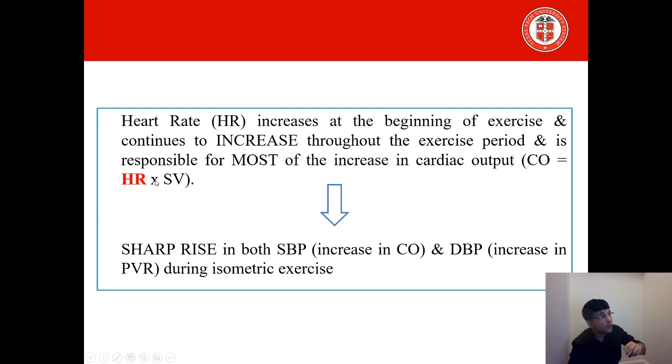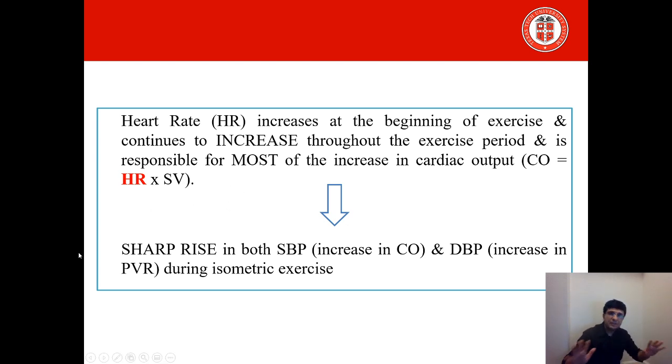This point you want to join with the previous point, because I told you that stroke volume is not going to increase much because we cannot get blood back from the exercising muscles because of contraction. So it is solely the heart rate which is responsible for that increase in cardiac output.